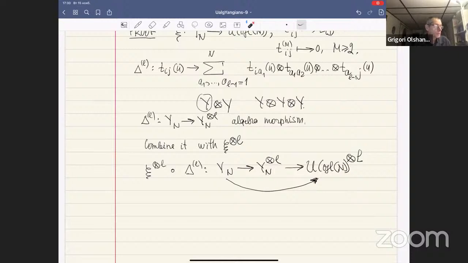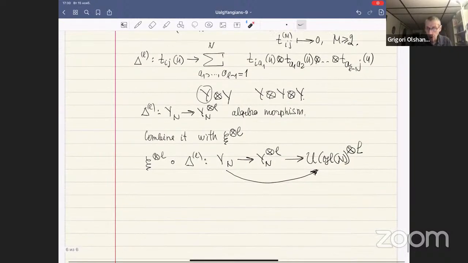So let's compute what happens. And we use the fact that our truncation is quite a simple object because it kills all higher generators. And using this, let's write in detail our map. Our map means this one.